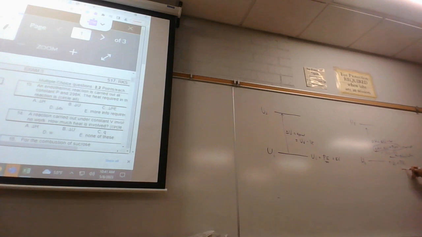The PV state is also energy too. This is going to be atmospheres times liters. Liters atmosphere is also energy. So there's going to be a certain PV state. There could be no change in the PV state, but there could also be a change in the PV state. And so this is going to be U final plus the PV state final, that's PV final. What we do is see what is the pressure and volume initial, and then what is the pressure and volume final. By comparing the two, we can figure out how much work is done, that is P delta V.